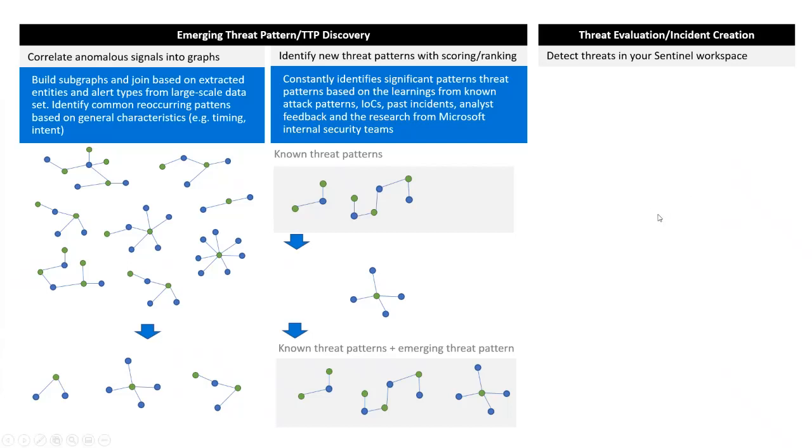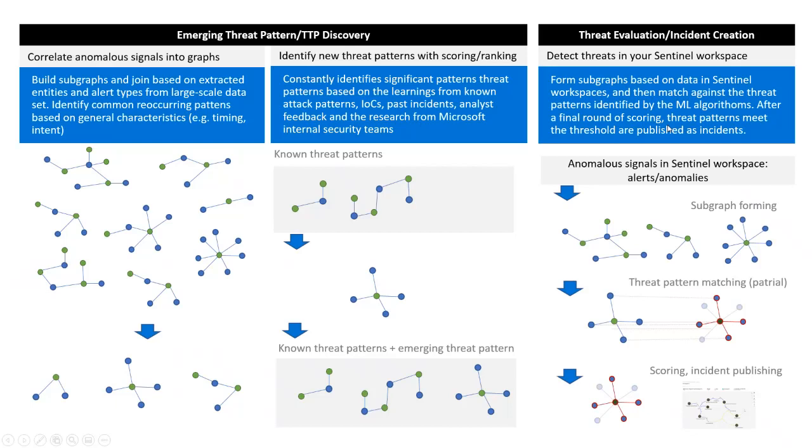The next phase is to detect the threats in your Sentinel workspace based on the known and emergent threat patterns that Fusion discovered. In this phase, Fusion forms subgraphs based on the data in your Sentinel workspace, and then identifies correlations that match the threat patterns.